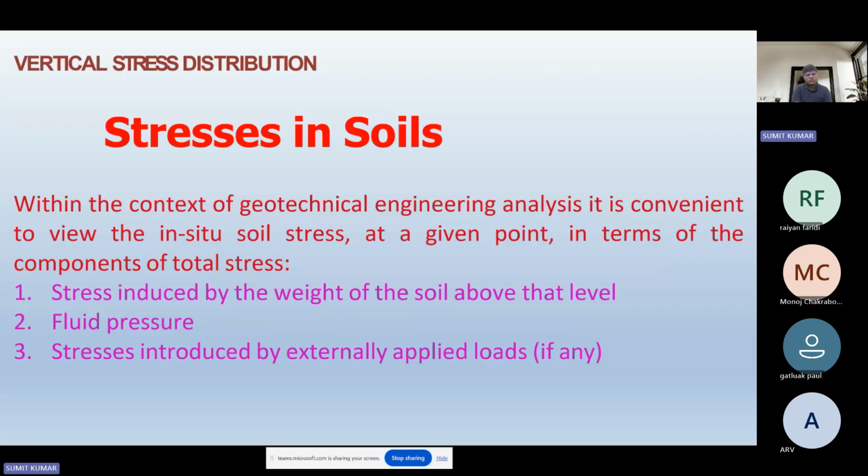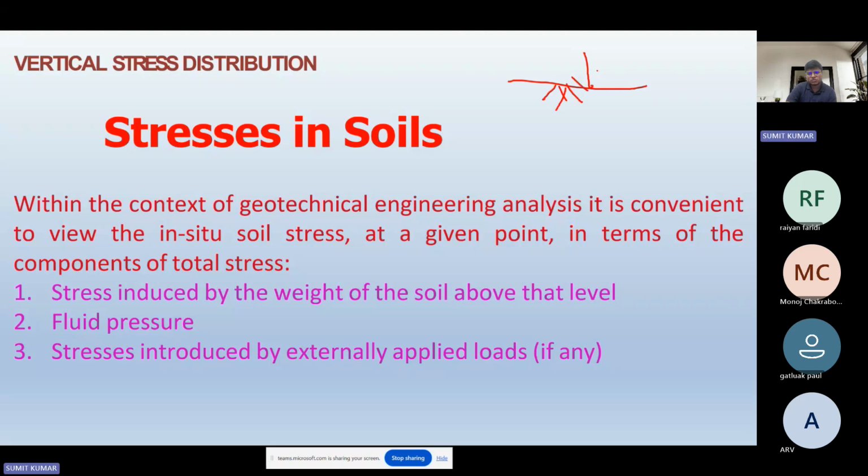You know that stress develops in soil. The basic mechanism we are going to read is like this. Basically, we have a soil plane. We have soil at any place, and a force is applied here.